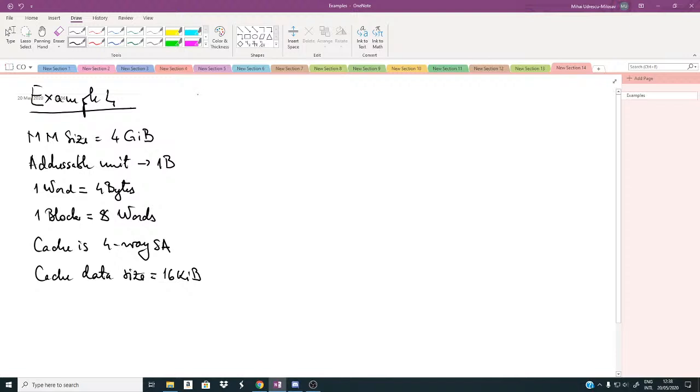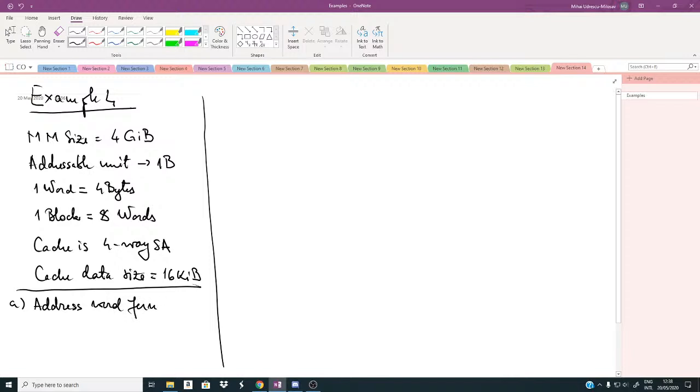Now, what we need to do is, A, find the address word format. B, find the total cache size.